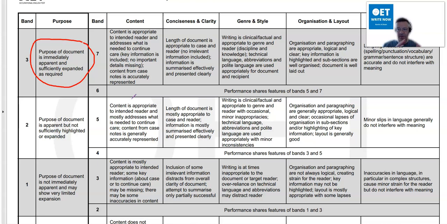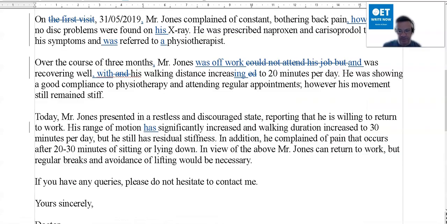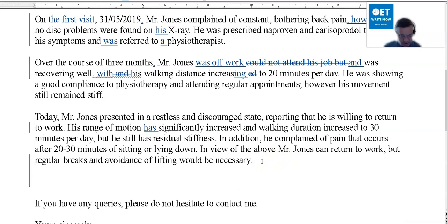That's what people usually put at the bottom. So, just a discouraged state, residual, in view of the above, return to work, but with breaks, avoidance would be necessary.